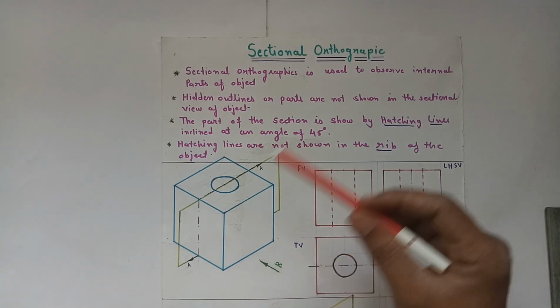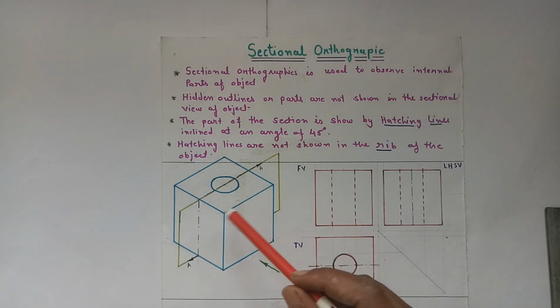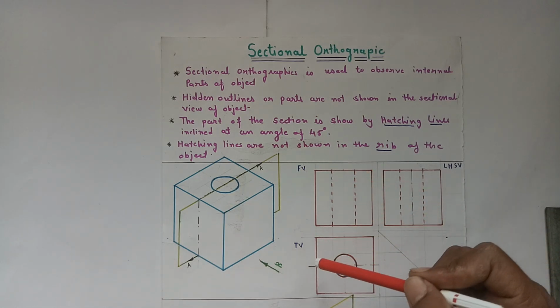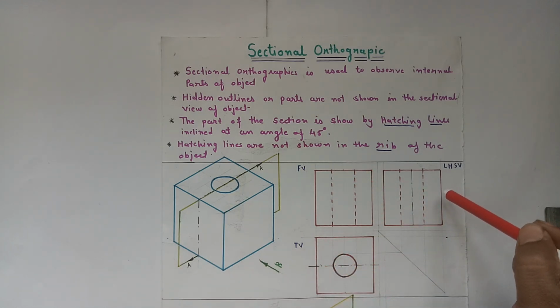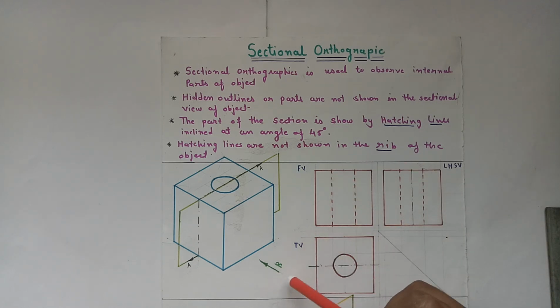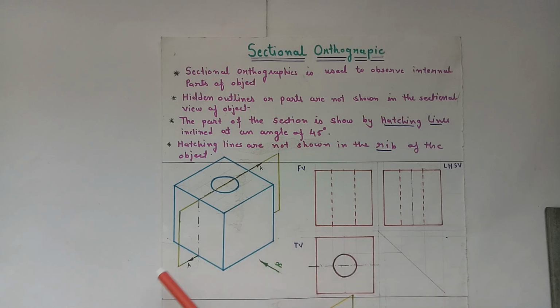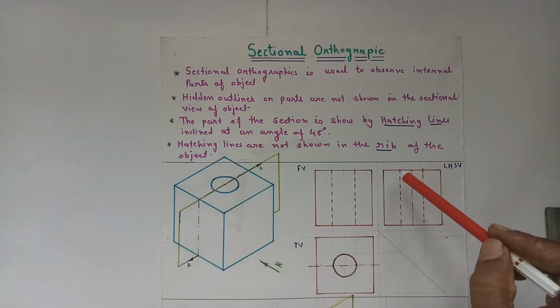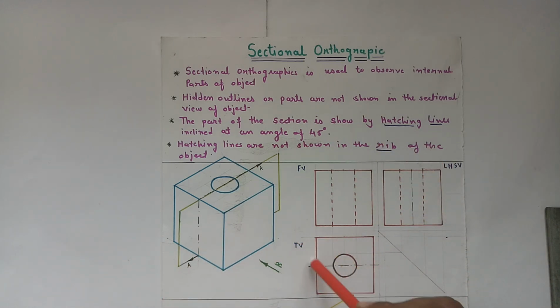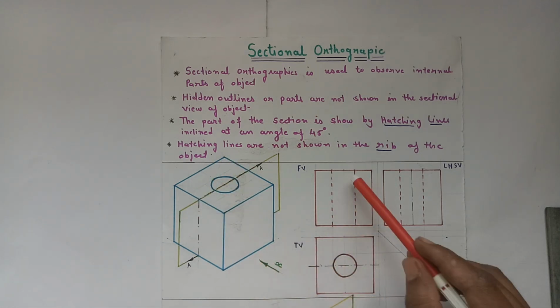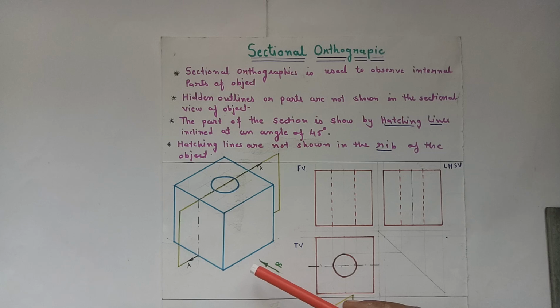Now to understand the sectional orthographic, here we have taken one object and we have drawn the front view, the top view and the left hand side view of the object. Front view from the x direction, top view and the left hand side view. So this will be the top view, observing from the top, and the front view, observing from the x direction.